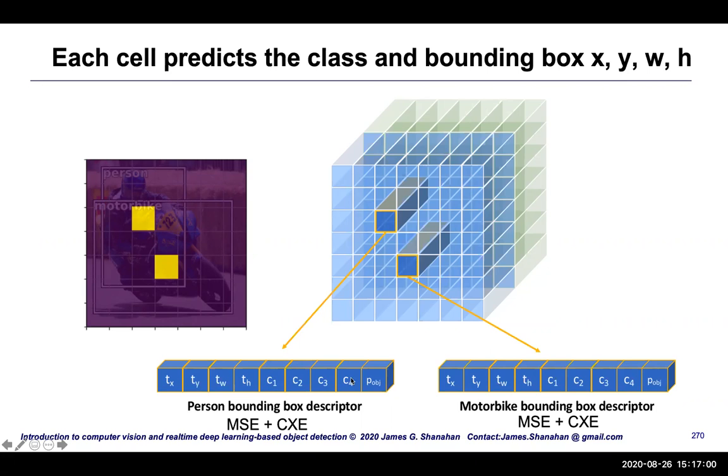And we also have the category of object associated with it as well. And we might have a probability saying, is there an object in here too? What's the objectness of this cell? Is there an object in this cell value, which has a receptive field here? So that gives us a way to connect the ground truth to our output feature maps.